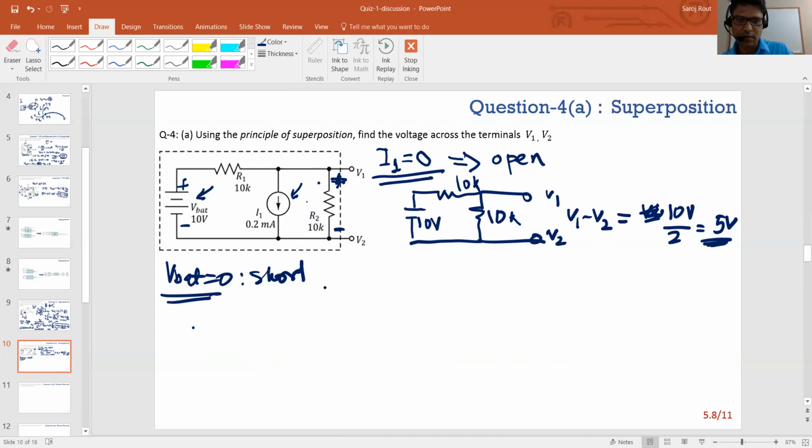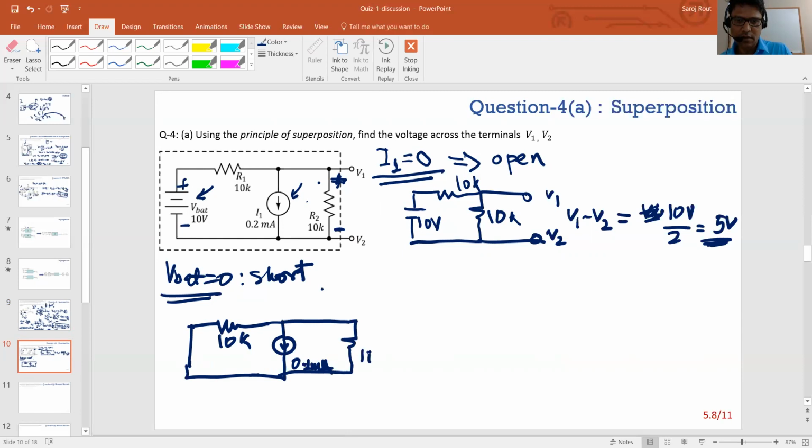As you said before, that's a short. So if that's a short, then you have 10K here, and then the current source in this direction, which is 0.2 milliamps, and then this 10K here. I want to find this voltage again, V1 minus V2.